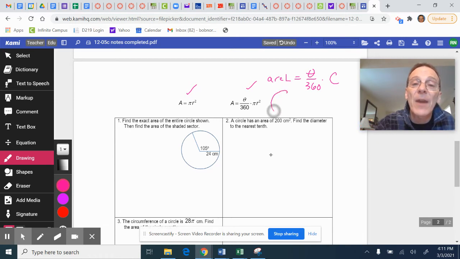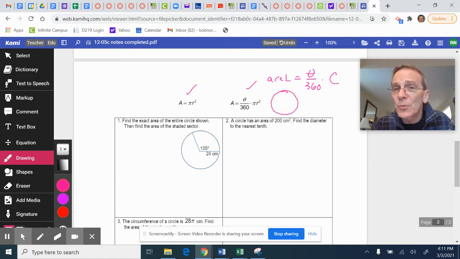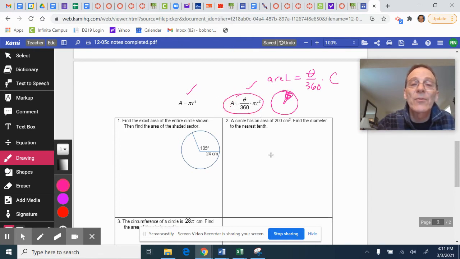Well, when you think about fractions of circles, remember how you first were taught fractions in grade school? You probably learned about fractions by teachers giving you pictures of circles with pie pieces cut out of them, right? So this formula here, which is the formula for a fraction of a circle's area, see that part of the formula is the entire circle's area. If you multiply that entire circle's area by this fraction, you'll get the area of that pie piece there.